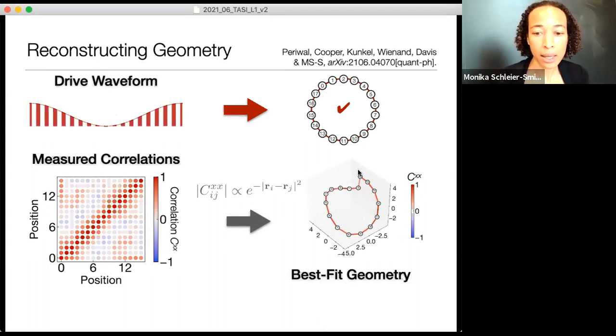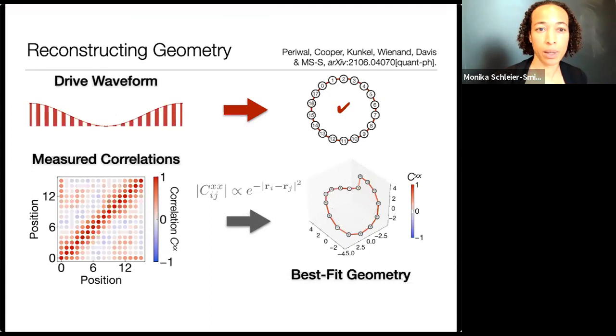We see a ring, and we've actually drawn in here every possible bond between pairs of sites. So in particular, there are n squared possible bonds, but if the correlations are weak, then the bond has a very low opacity and you don't see it. So what you really see is the ring that pops out.